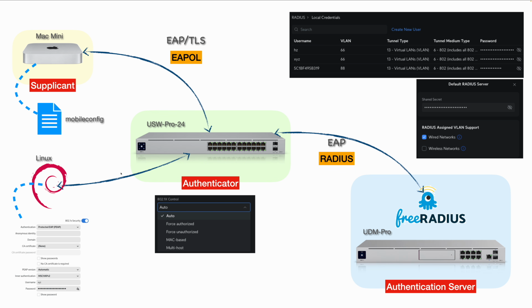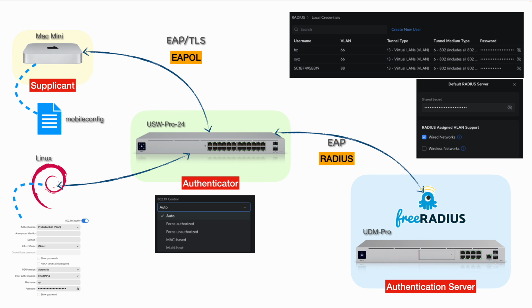In this video, I will first use a Mac Mini and a Linux machine as examples to show you how to enable the 802.1x authentication, then how to configure the RADIUS server in UDM Pro, and how to set up your switch accordingly.